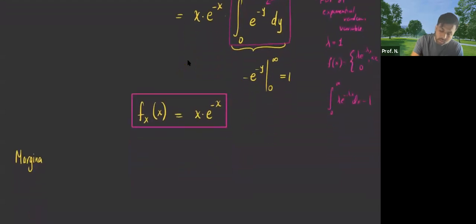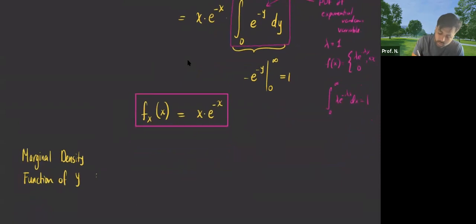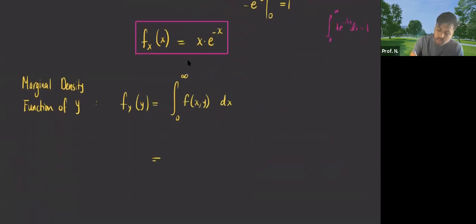Okay, so now what's the marginal density function of y? Well, same idea, but now I'm integrating from 0 to infinity of f of x, y, dx. So then this becomes x times e to the negative (x plus y) dx from 0 to infinity.